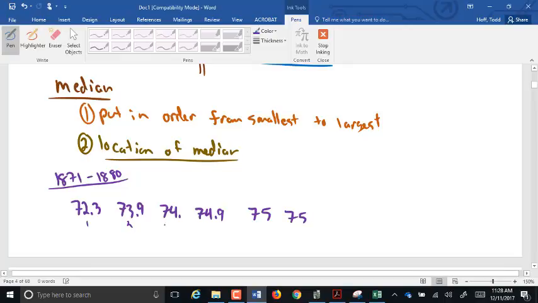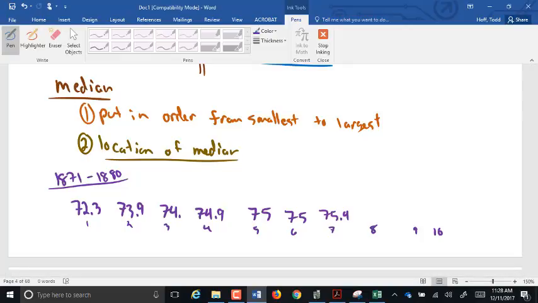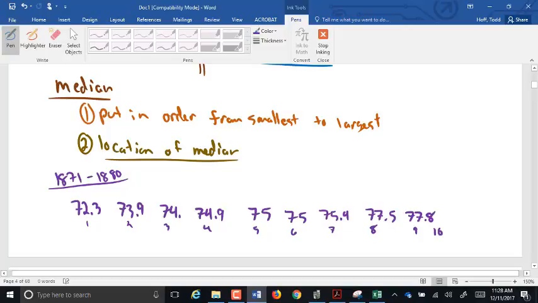That's 1, 2, 3, 4, 5, 6. Next, I'm seeing a 75.4. Should be 3 more that I need. I need a 77.5, a 77.8.